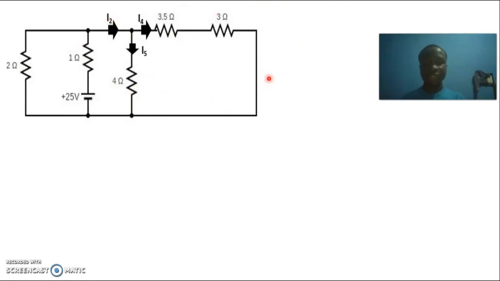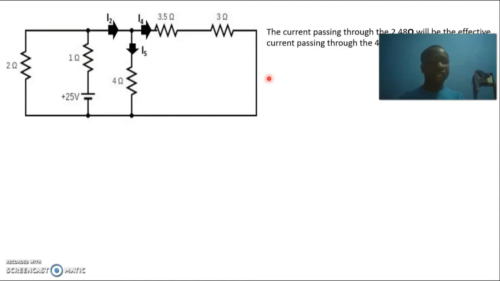So at this point, we can use various means to get the current that will be flowing through the resistors that are here. So we know our I2, which is the current that will be flowing, which is 5.306 ampere.